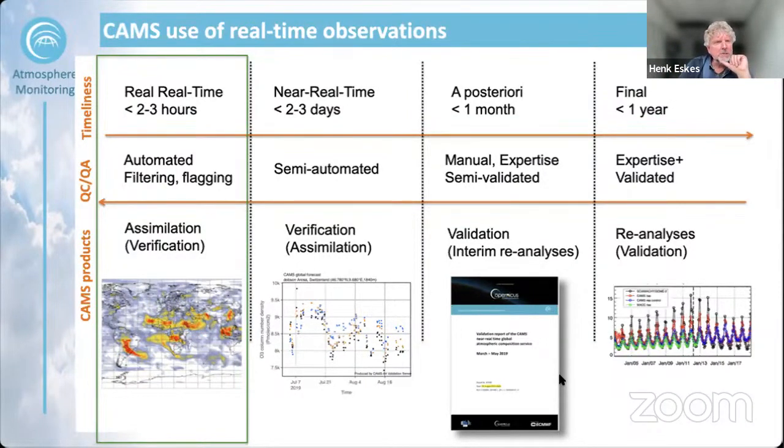So let's start with this real-time application. That's really concerning quality control. Of course, you cannot do that manually, but you have to do that fully automated. So we have automated filtering and flagging procedures, and typically it relates to the data assimilation, because data assimilation likes to have the data within a couple of hours after sensing, so it can really provide good quality forecasts.